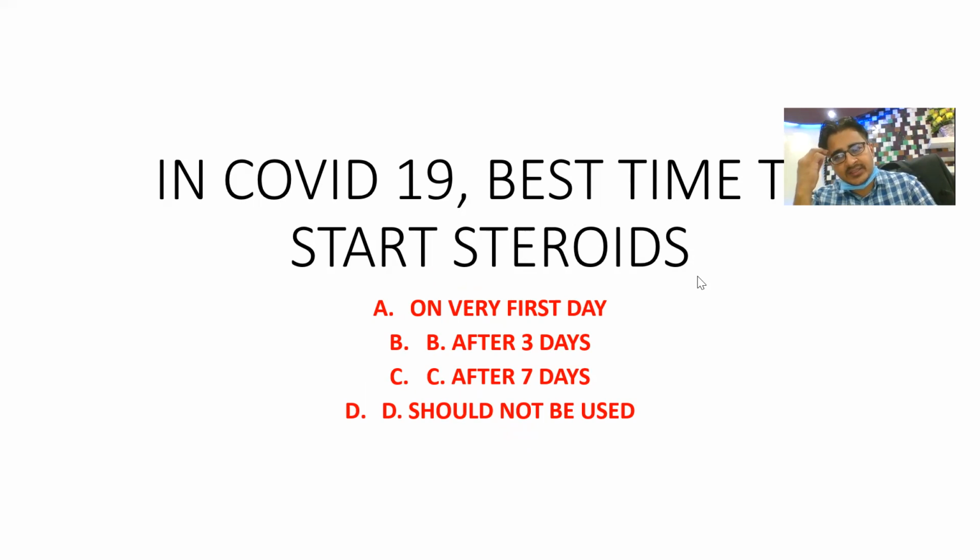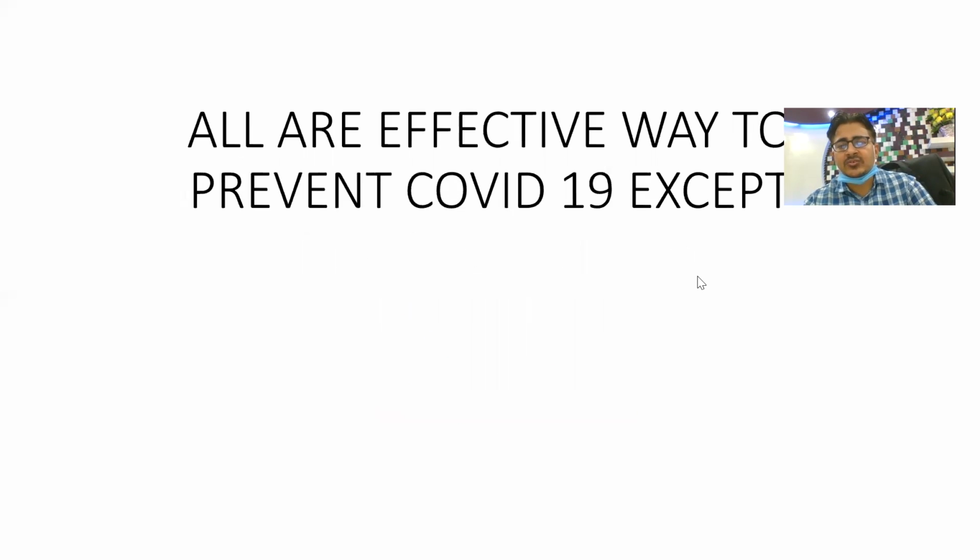Now in COVID-19, there is an important question about the interleukins: which interleukin is raised, and through which pathway fever is coming in COVID-19. There are many questions which can be asked in the COVID-19 session. Next question is: all are effective ways to prevent COVID-19 except.